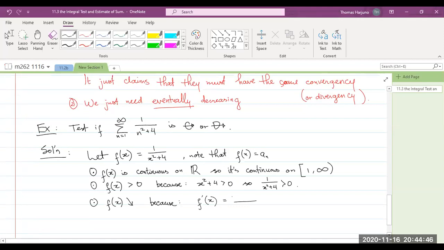So this will be negative 2x over (x squared plus 4) squared, and this is negative for x greater than 0.